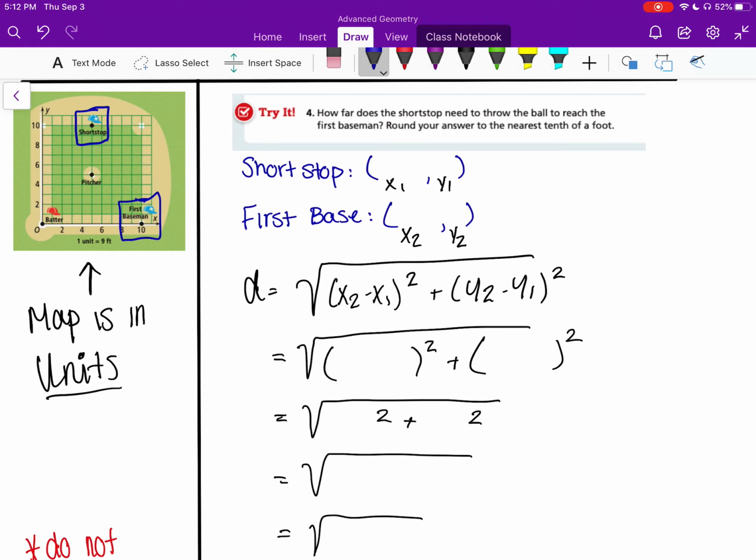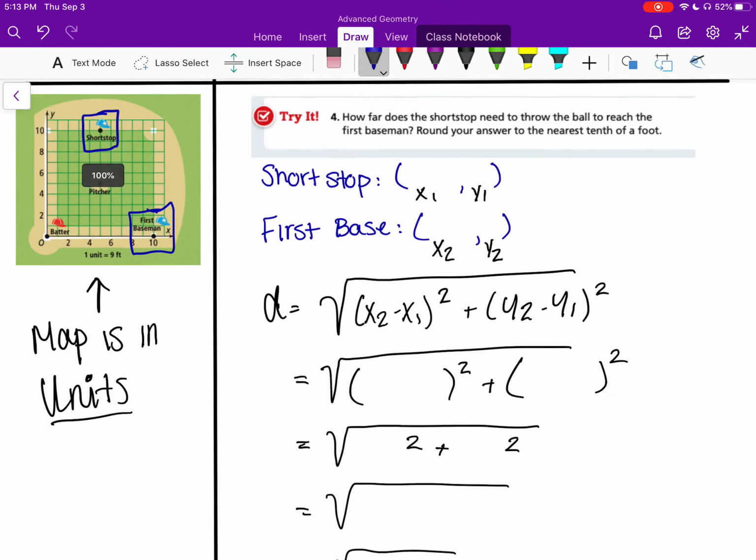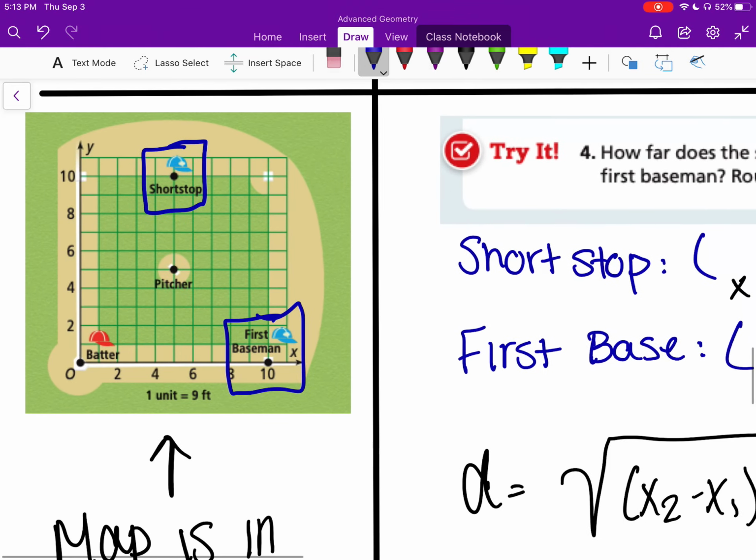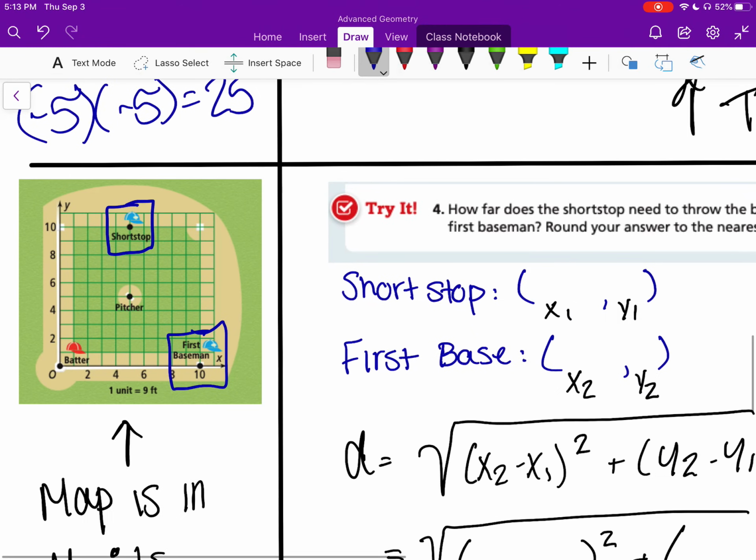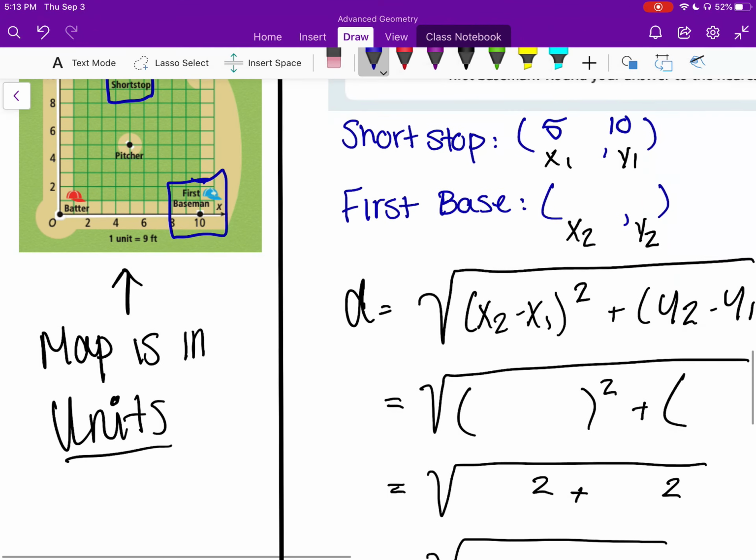And they have thrown our baseball field on a coordinate grid. So we actually can find the location of the shortstop. So I'm going to zoom in so you can find the location of the shortstop. What is his coordinate location? Hopefully you said 5, x, 10, y. And our first baseman is located when x is 10 and y is 0.